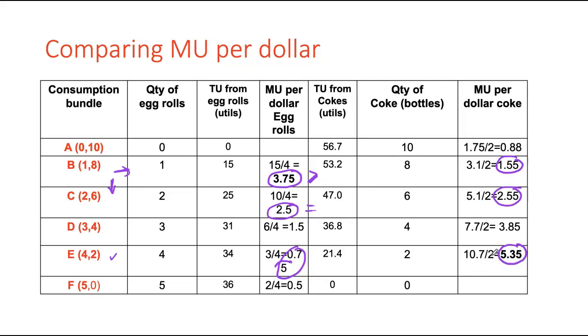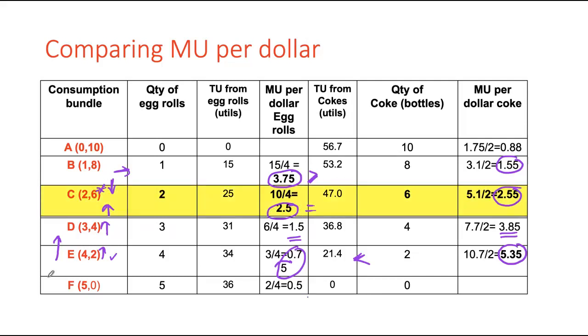So here this is indicating to you that you should be consuming more Coke. As you consume more Coke, you're moving actually from E to D, higher consumption of Coke, from 2 to 4 bottles of Coke. And here again, it's not equal. So we will keep on moving towards bundle C. At bundle C, you can see per dollar marginal utility is the same, and we have found our utility maximizing bundle.